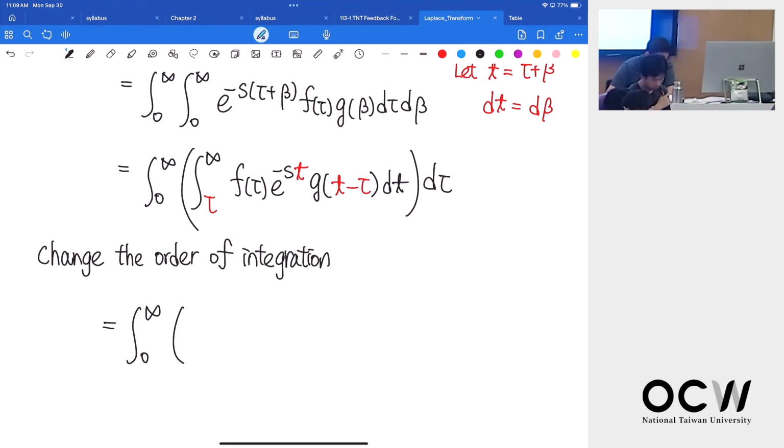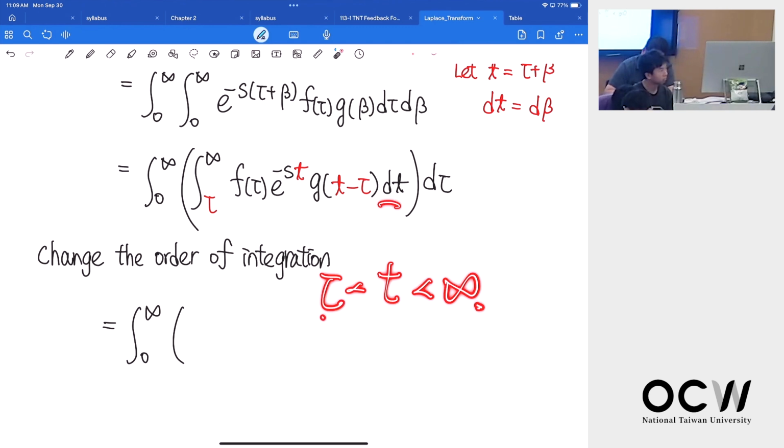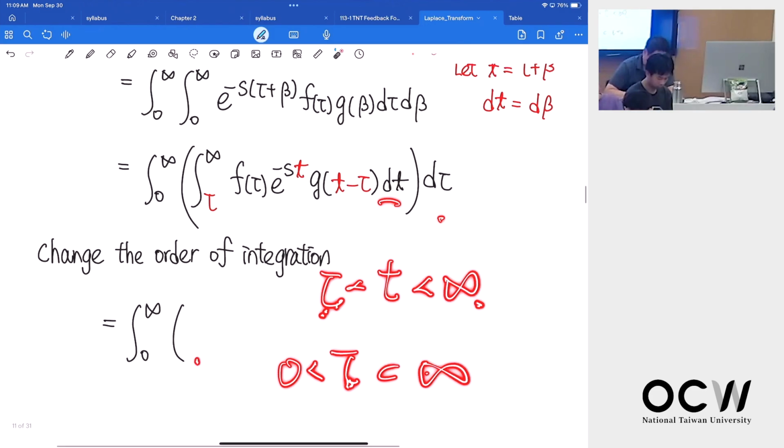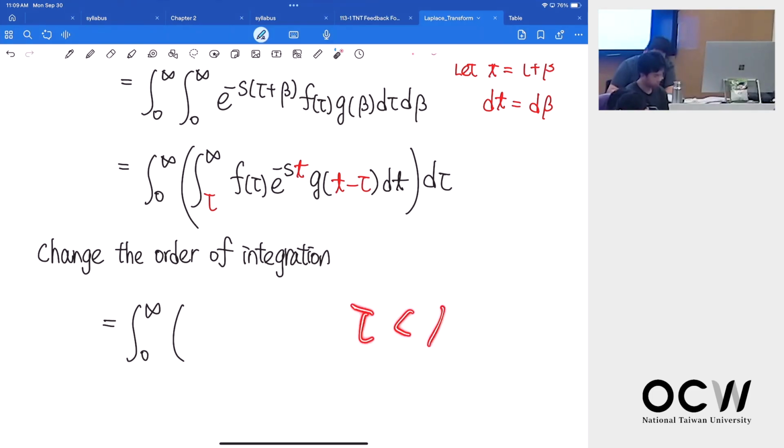Here you can see t is between tau and infinity. If I do d tau first, tau is from 0 to t, because tau is less than t.